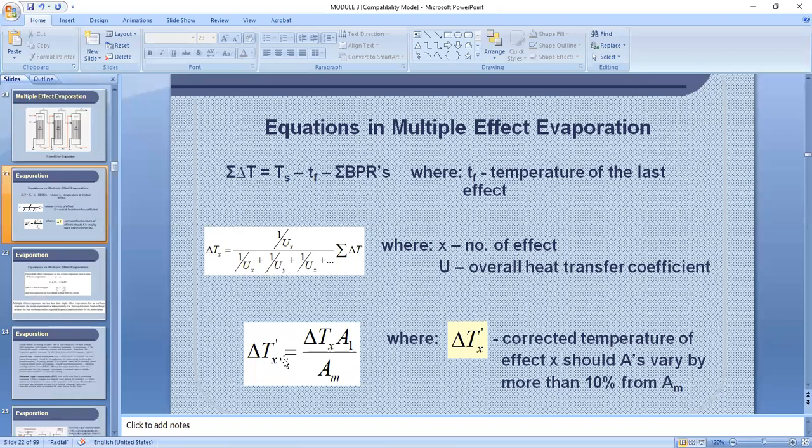With new enthalpies based on this new delta T, you will have a different value for the volumes, which will result in a different value again for the X, and so on and so forth until you go again to that point wherein you determine the individual areas of your effects. Again, get the average.